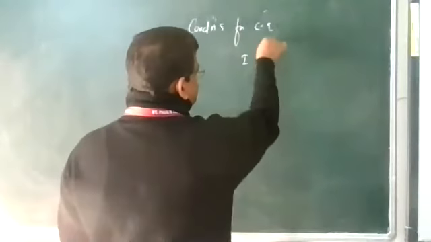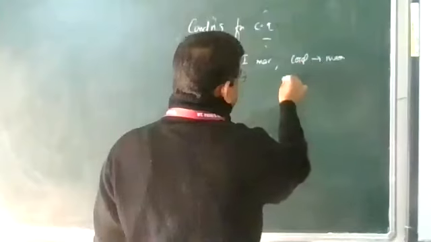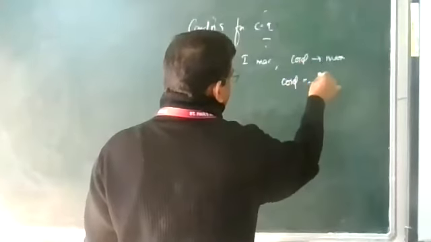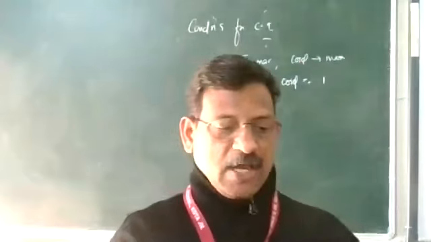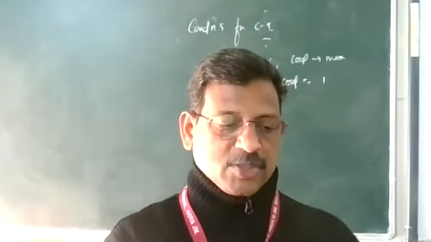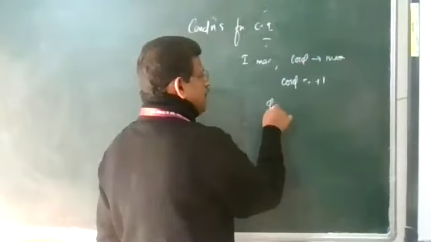For that, the cos function should take its maximum value, which is 1. Cos phi should be equal to plus 1 for maximum intensity.